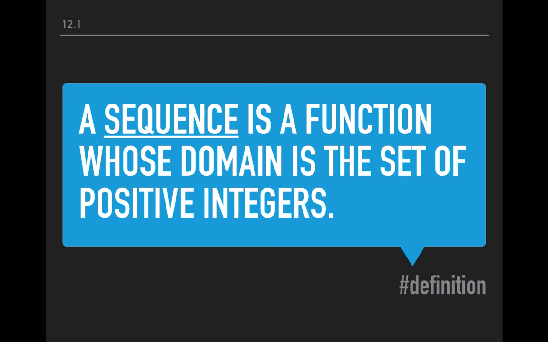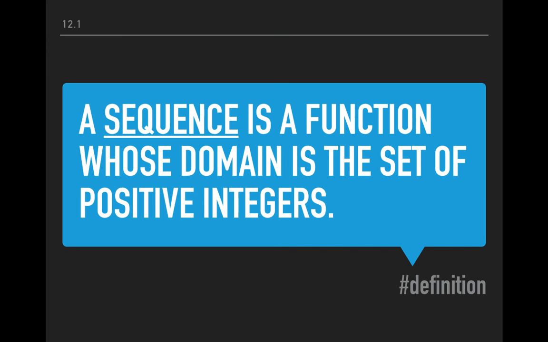So let's get started. I need to begin by defining what a sequence is. It is a function whose domain, that's the input, that's the x values, is the set of positive integers. So the domain could be numbers like 1, 2, 3, 4, 5, 6, so on and so forth.